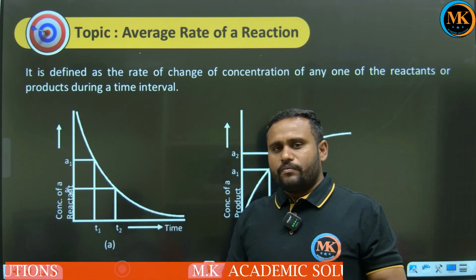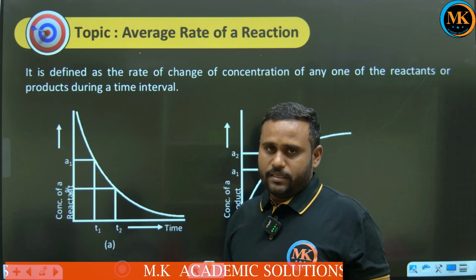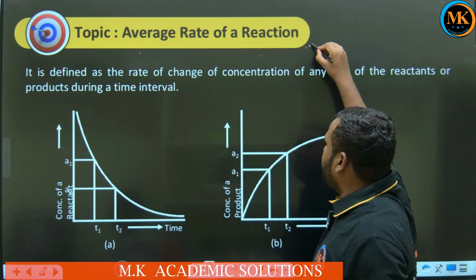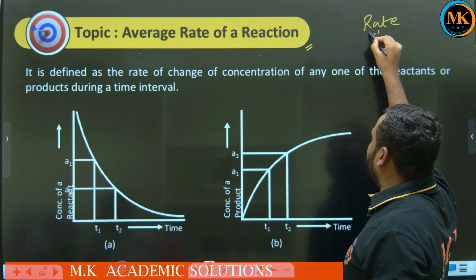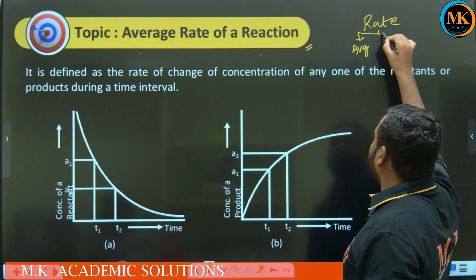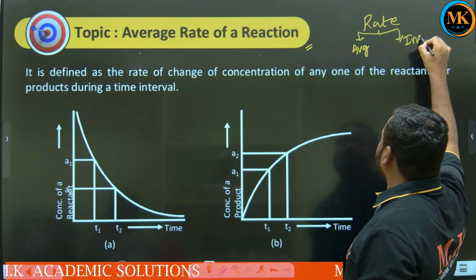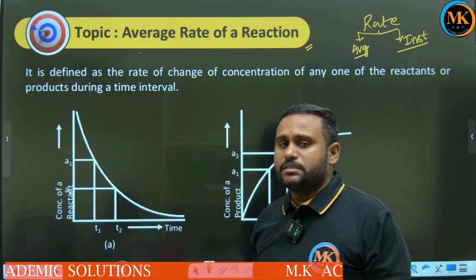What are this average rate and this instantaneous rate?